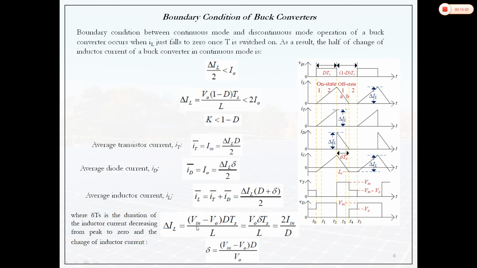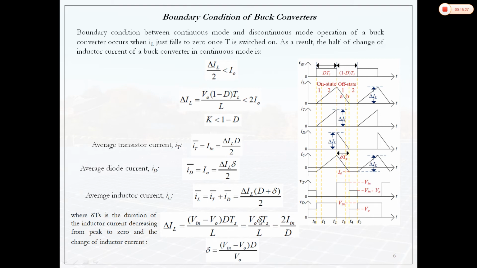So delta IL is nothing but V in minus VO upon L times dTs, and that will be equal to this ripple. So this ripple current which is given by this value will be equal to this ripple current which is given by V naught upon L. The slope of this line is V naught upon L, and the time is delta Ts.